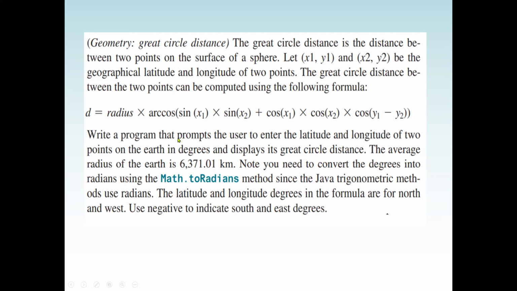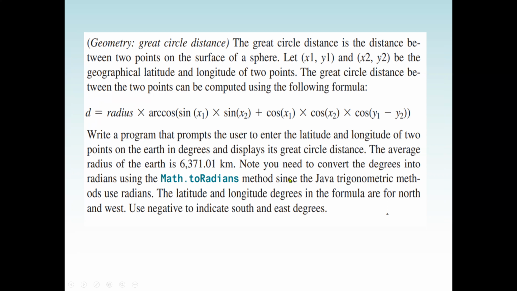Here they say we should write a program that prompts the user to enter the latitude and the longitude of the 2 points on the earth in degrees and displays the great circle distance. The radius is given to us. The average radius of the earth is 6,371.01 kilometers.